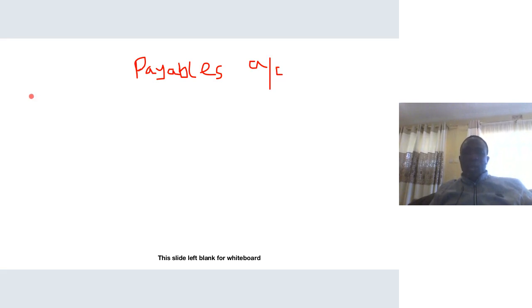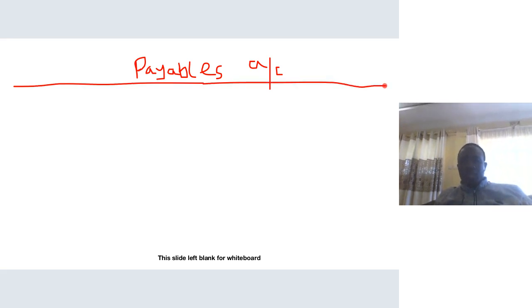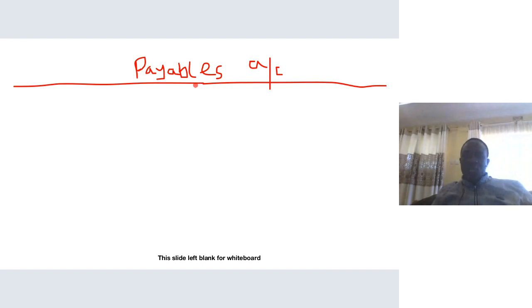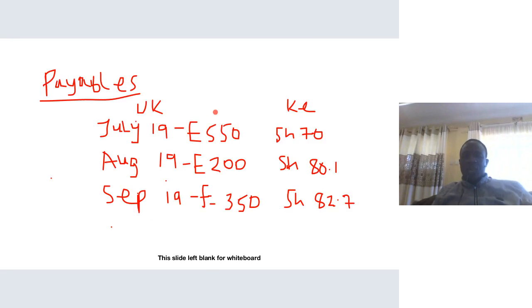Now remember, an account has both the credit and the debit side. So you can decide to draw that. This is our credit side, then we have the debit side on this other side. So we go back to that other slide.